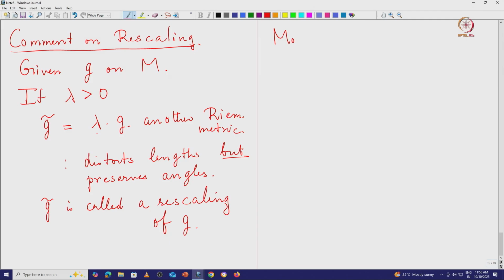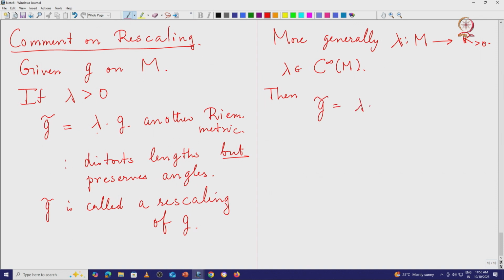More generally, you take a function lambda from M to the positive real numbers. So lambda is a smooth function. Then G tilde, again defined to be lambda times G, is a Riemannian metric.